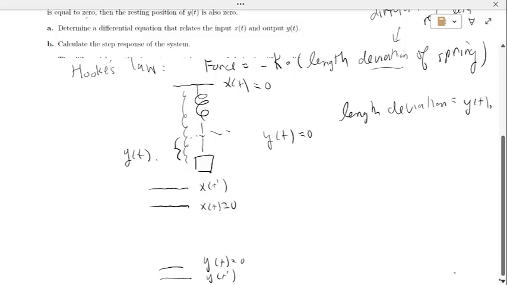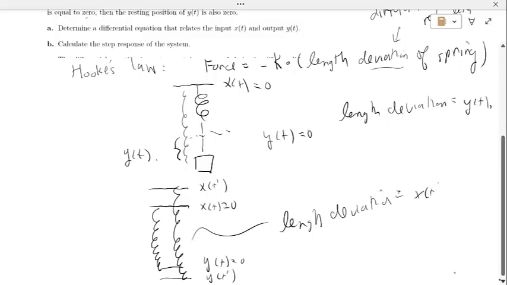What's my new length? This was my reference length. My new length is here. In this case, the length deviation: if x is positive, that makes it longer, so it's equal to x of t prime. And when y becomes more negative, that makes it longer, so it's minus y of t prime.